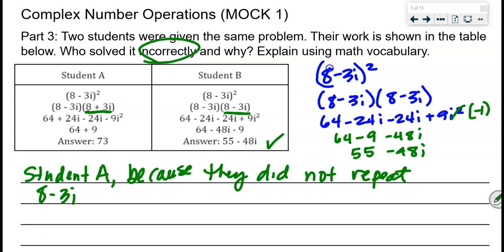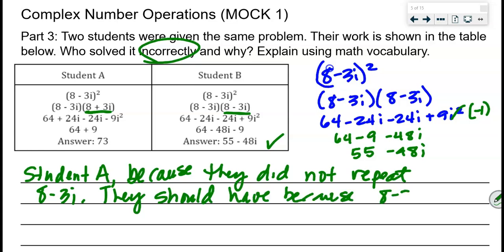And they should have, why? Because (8 minus 3i) squared equals 8 minus 3i times 8 minus 3i, right?